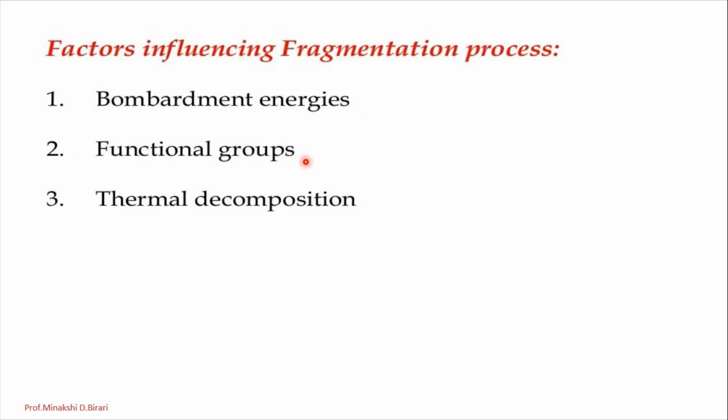Which functional group is present, on that basis the fragmentation or cleavage of the bond occurs. The third important factor is thermal decomposition. On that basis also the fragmentation is variable. So these are the three important factors influencing the fragmentation process: bombardment energies, functional groups, and thermal decomposition.